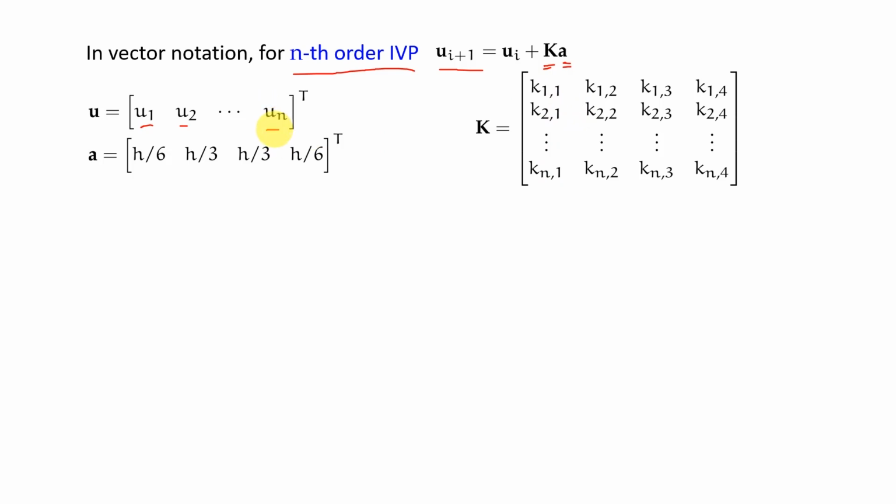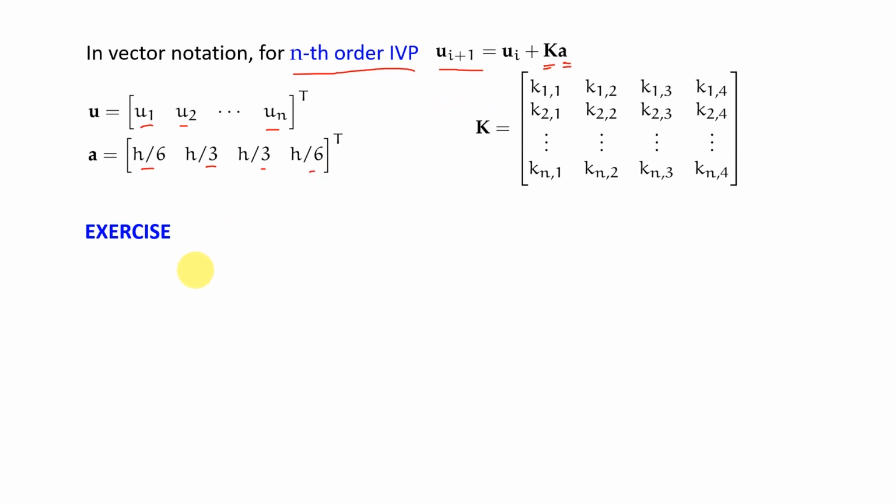This is an nth order equation, so I have n first order equations. I have u1 to un here, and similarly k will have n rows and 4 columns. K will be multiplied with a, which are actually constants, h by 6, h by 3, h by 3 and h by 6, and this is how you can update no matter what the order of the differential equation is.